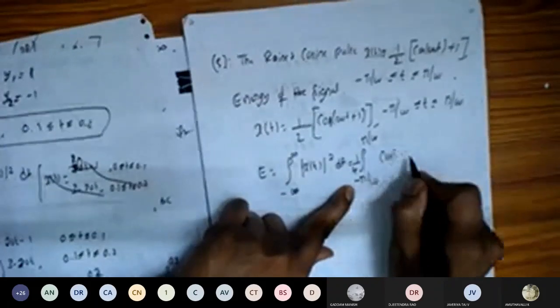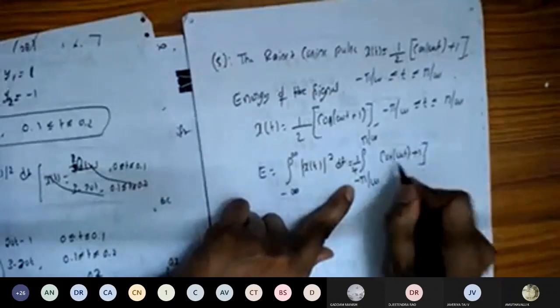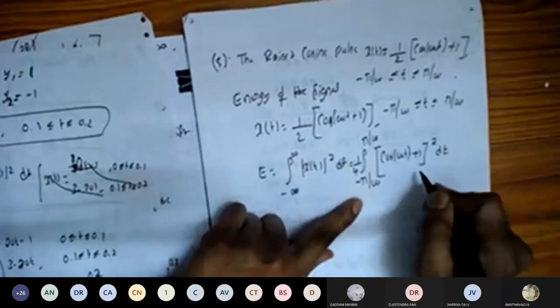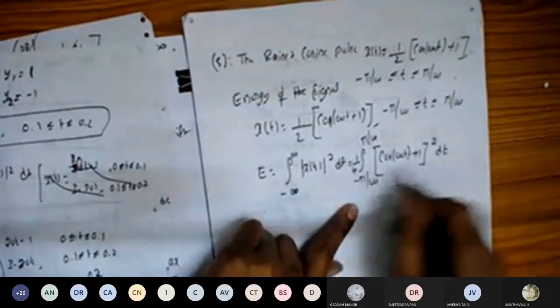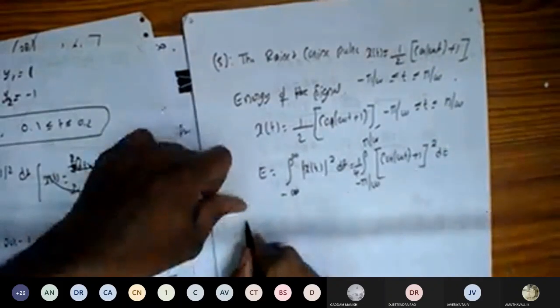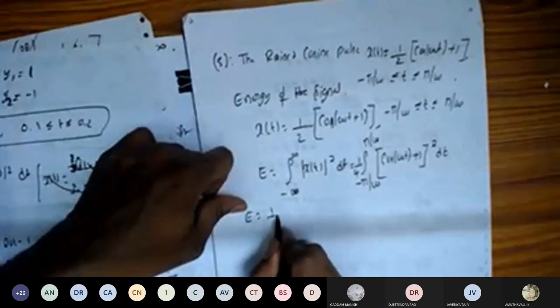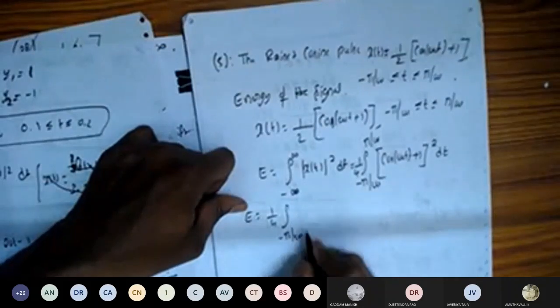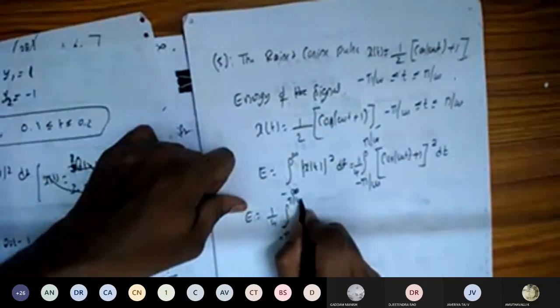Okay, so it is cos omega t plus 1, the whole square, into dt. So this is in the form of a plus b the whole square. Let us apply that formula. So the energy is given by 1 by 4, the integral from minus pi by omega to plus pi by omega.